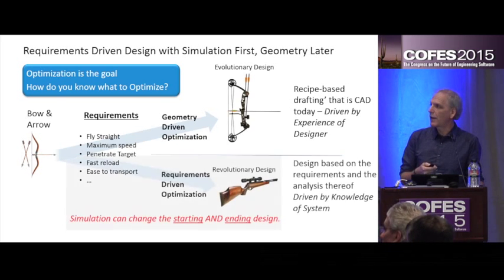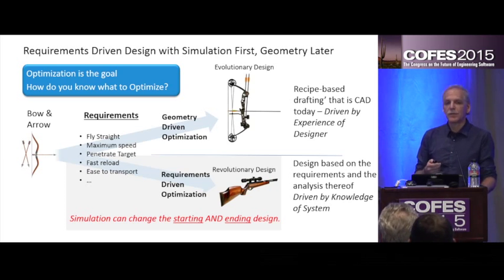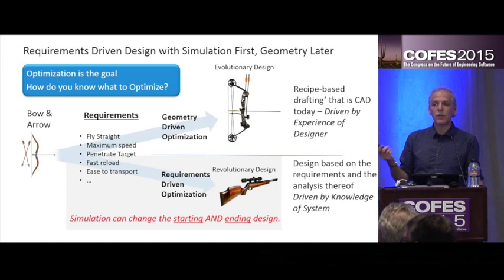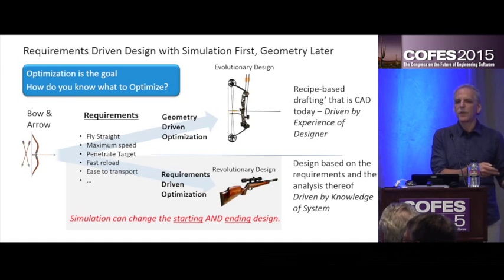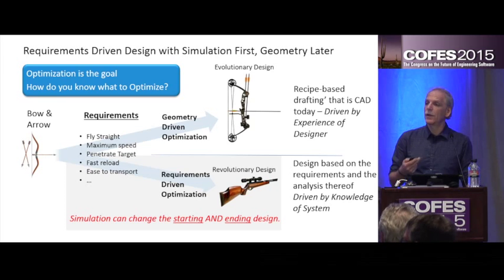But another way to look at it is to take those requirements and not be stuck with a requirements-based optimization, and therefore you end up with a revolutionary design, something that isn't stuck with the original, but reinterprets the requirements in a new and innovative way.